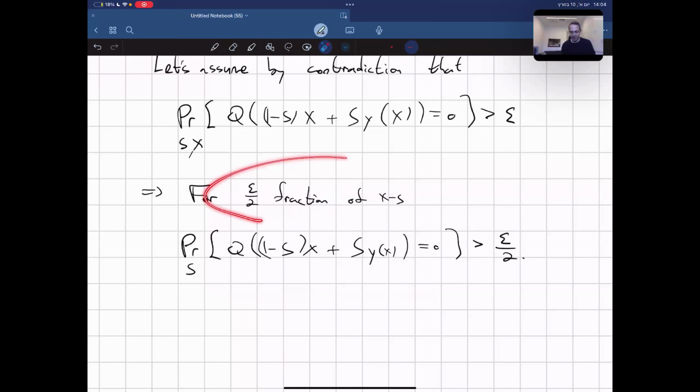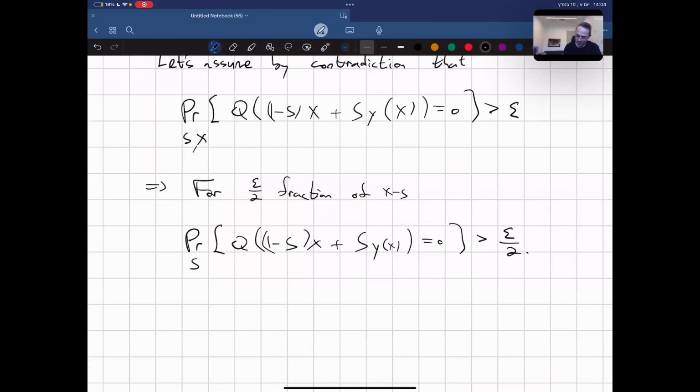Because if P is the fraction of the x's that satisfies that, I want to show it's at least epsilon over 2. I don't want to mystify it too much, it's really simple.